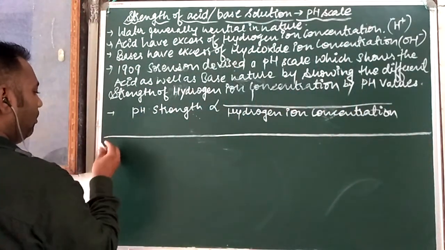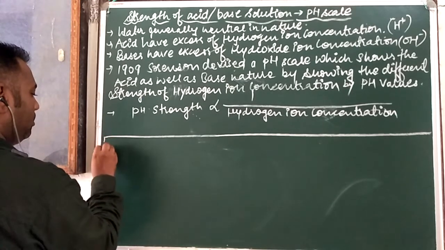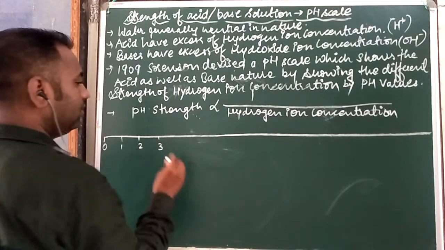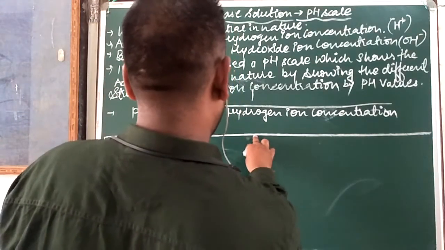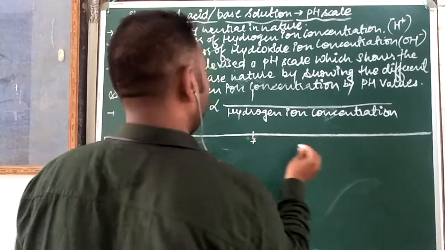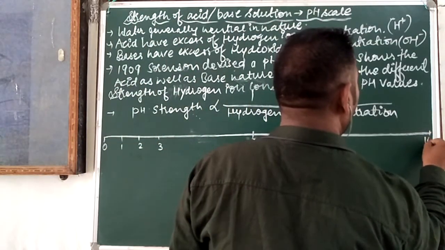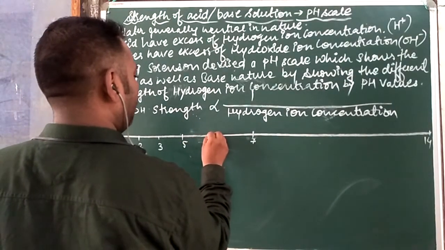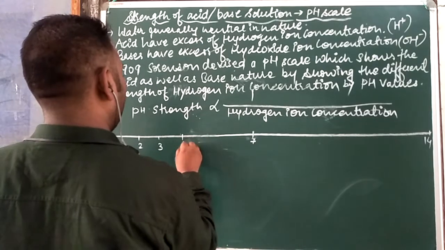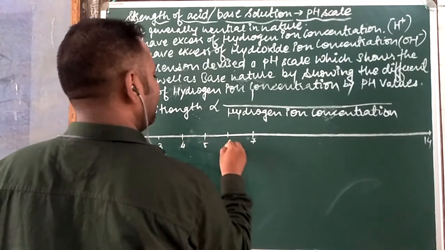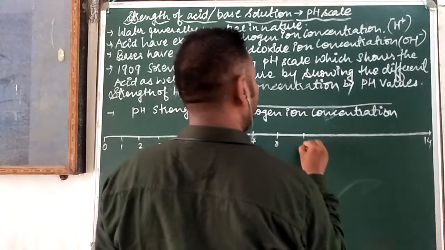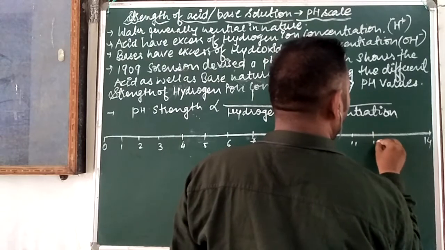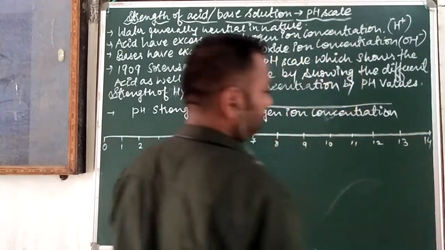First of all, we will mark from 0, 1, 2, 3, I'll put 7 here, then 4, 5, 6, 8, 9, 10, 11, 12, and 13.